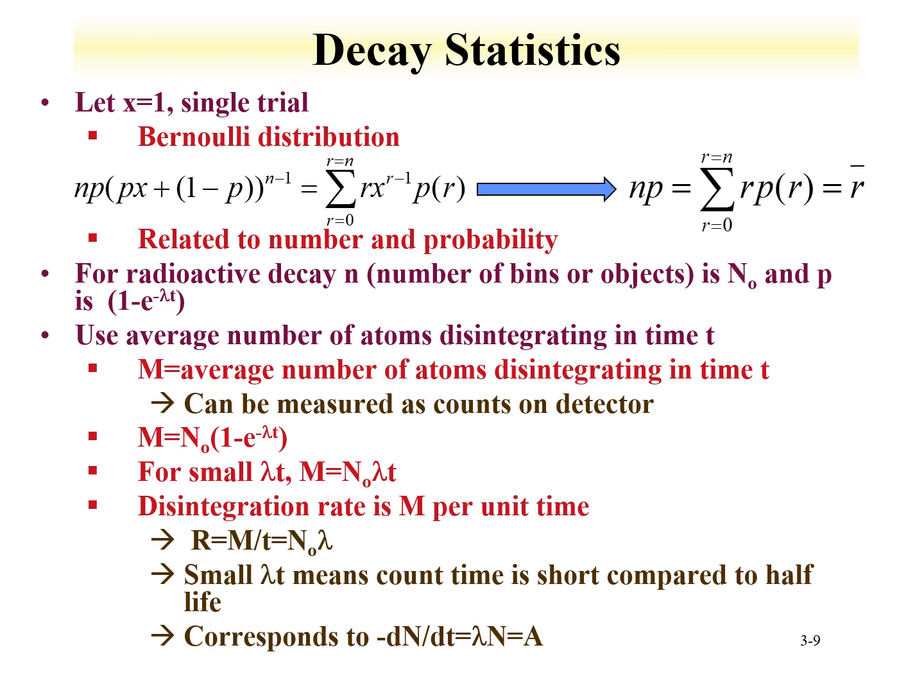And if the disintegration rate is in unit time, the rate is equal to m divided by time. So we take the time out of this side of the equation, and it's just the number of initial atoms times lambda. So a small lambda t means that the count time is short compared to the half-life, and this corresponds to the equation that we had discussed earlier, where activity equals lambda n.